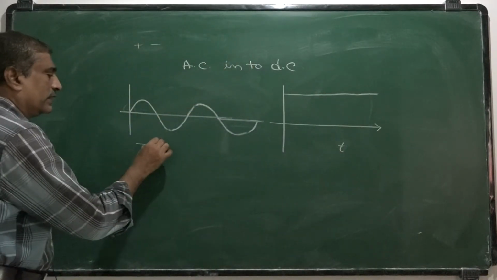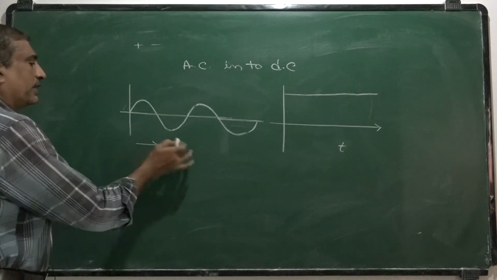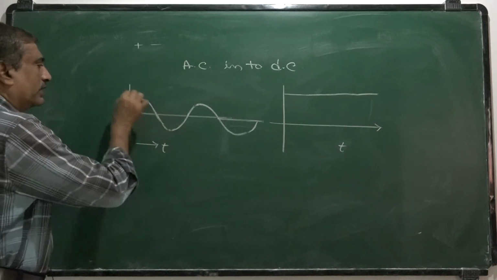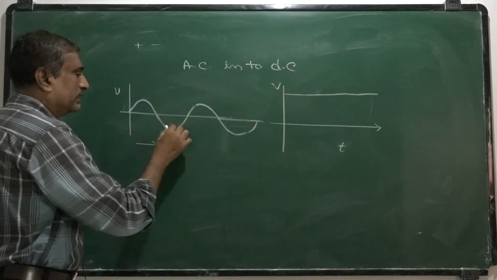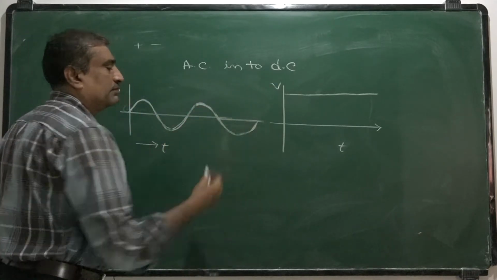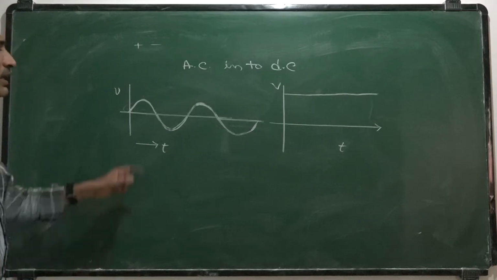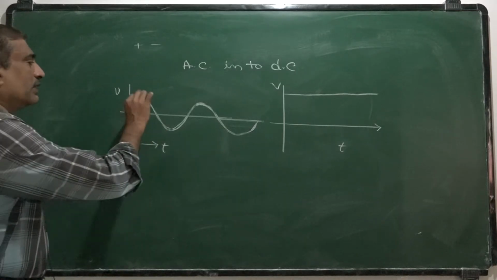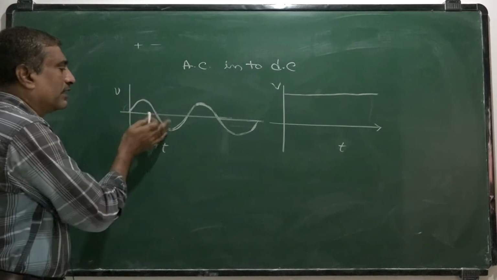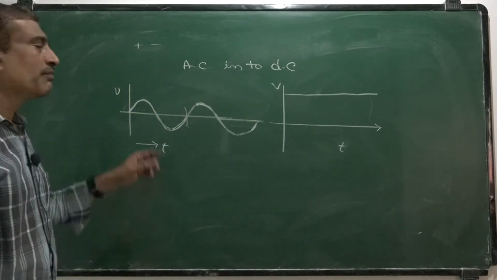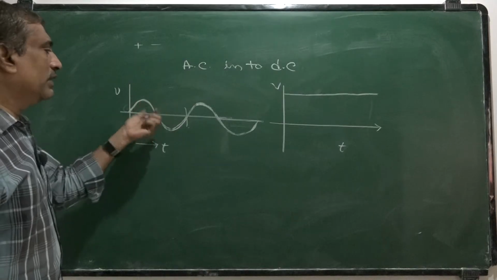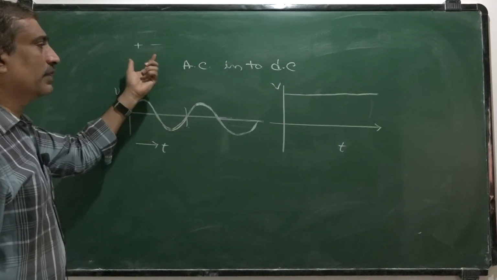In case of AC, there is a variation of voltage with respect to time like this. The polarity changes at regular intervals, and that is called frequency.